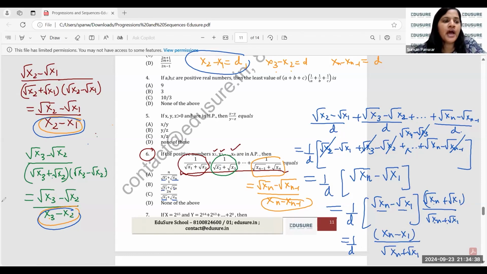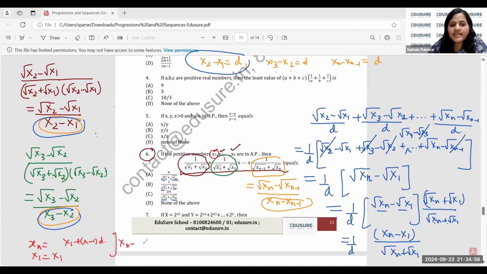Now, if you look at xn, what is xn? Suppose the first term is x1. Then xn is first term plus (n minus 1)d. And x1 is x1. So when I say xn minus x1, I will get (n minus 1)d.